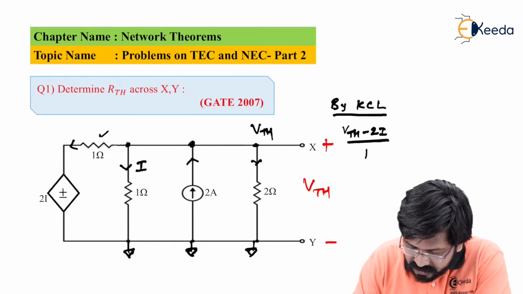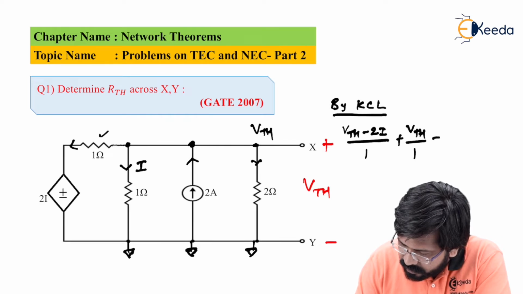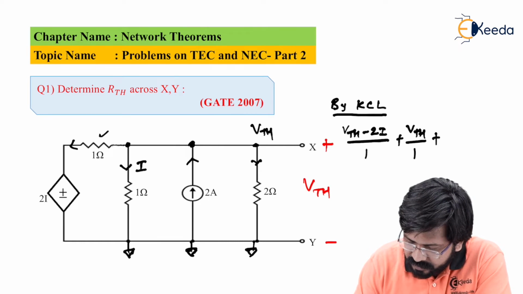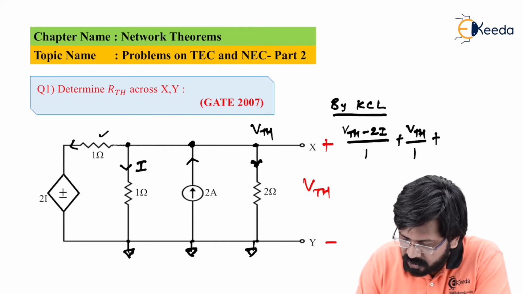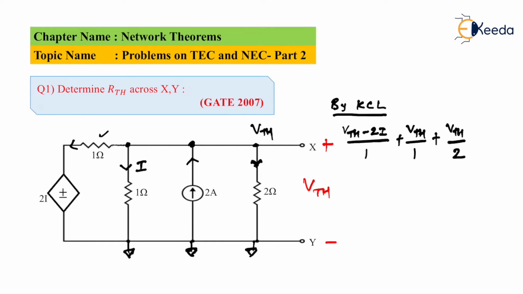The next current can be taken as VTH minus 0 upon 1, plus VTH upon 1, plus this current can be taken as VTH minus 0 upon 2, so it is VTH by 2. And one more branch is left, which is the 2 ampere current source, which is incoming with respect to the node, so I should go for minus 2 equal to 0.